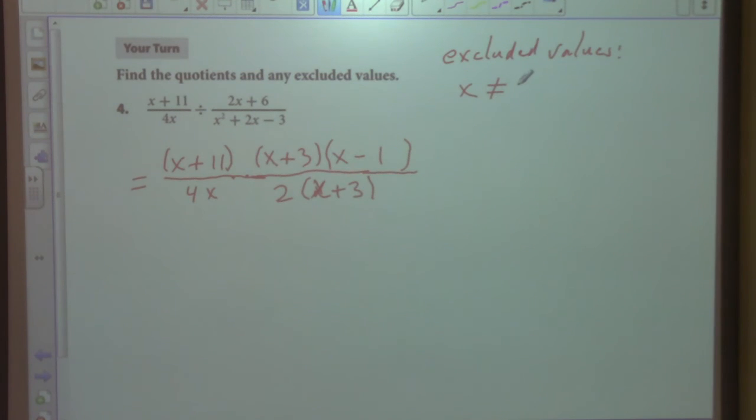X cannot equal 0. X cannot equal negative 3, right. Is that it? Four times what equals 0?